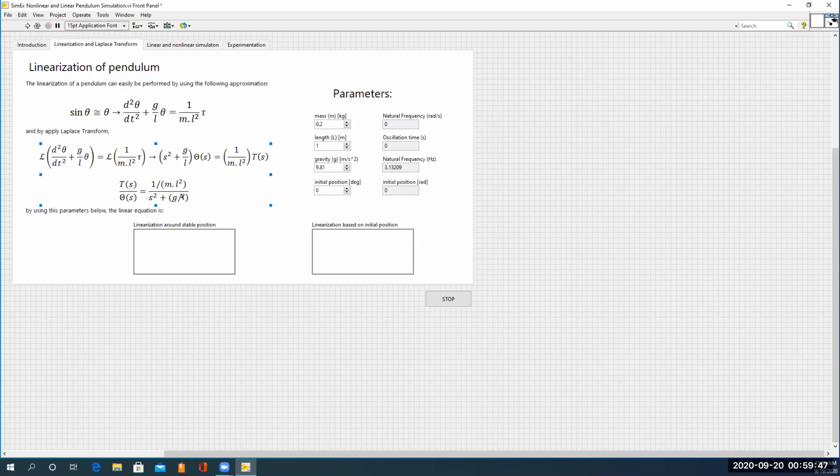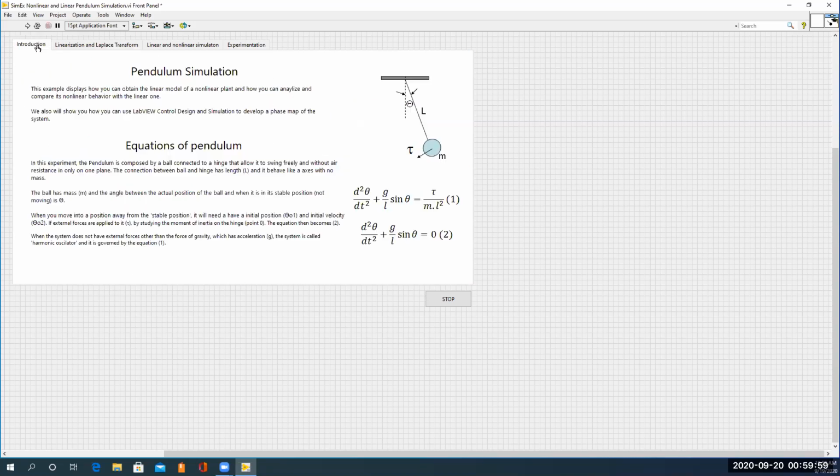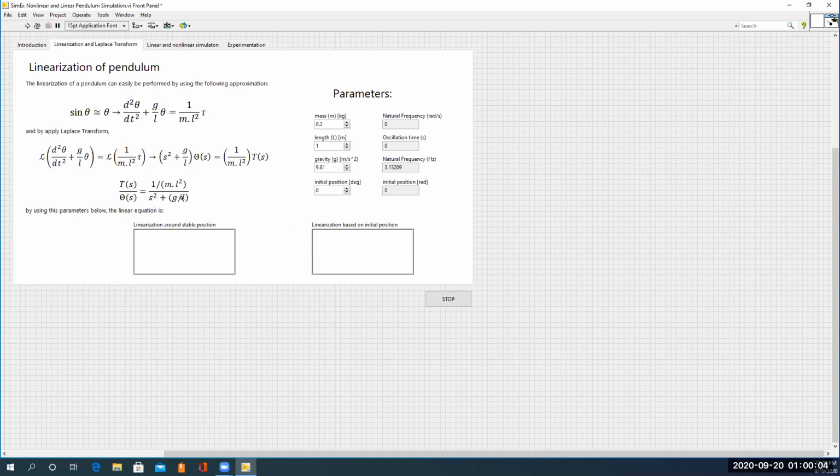You may see that we have the same transfer function, even though the reference direction is defined differently from the example we used in the class. But it doesn't matter. So the reference direction doesn't matter. You can define either clockwise or counterclockwise direction, but you have the same transfer function.